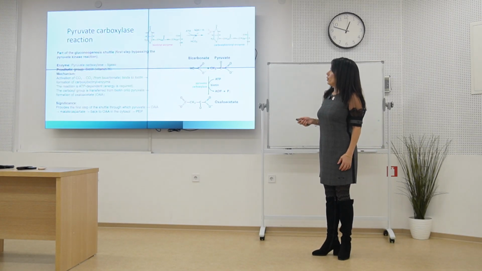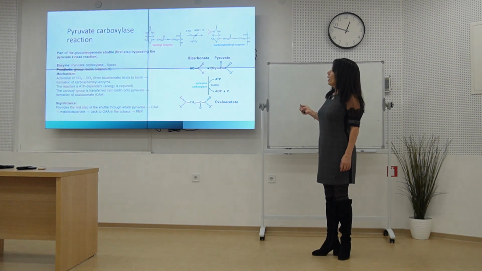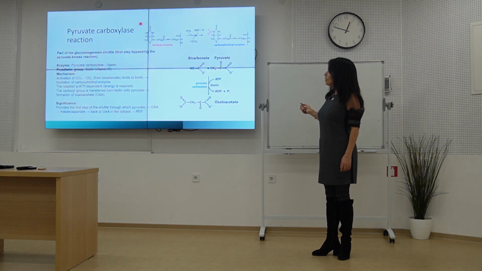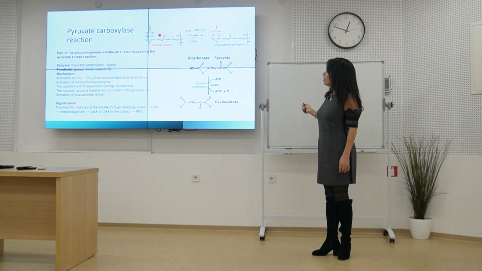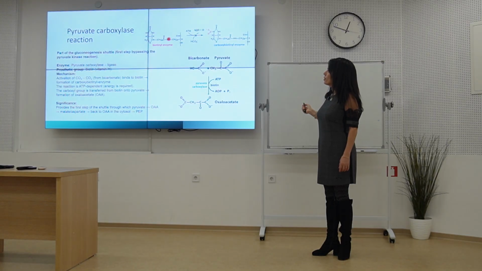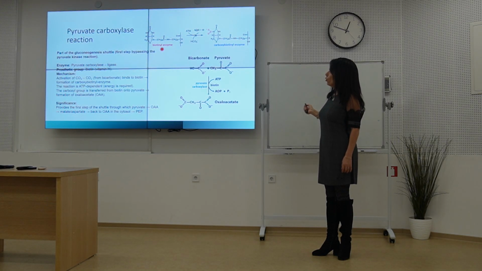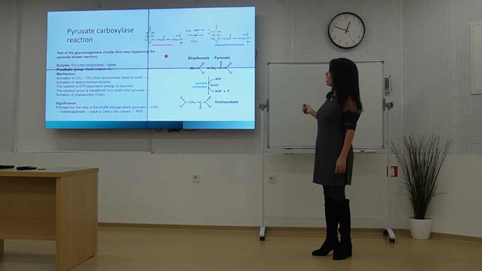Something about the pyruvate carboxylase reaction. Actually, this is a biotin enzyme; biotin is also called vitamin H, or B7. This vitamin is used as a prosthetic group, connected with the amino group of a lysine residue of the protein part of the enzyme to form the so-called biotin enzyme.